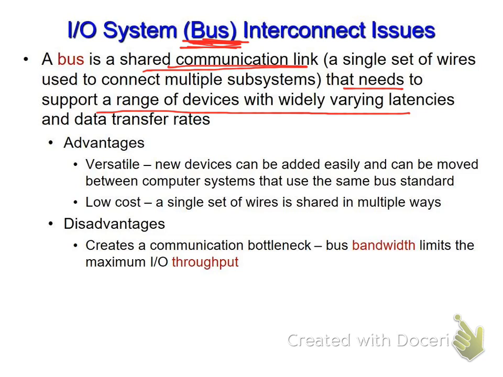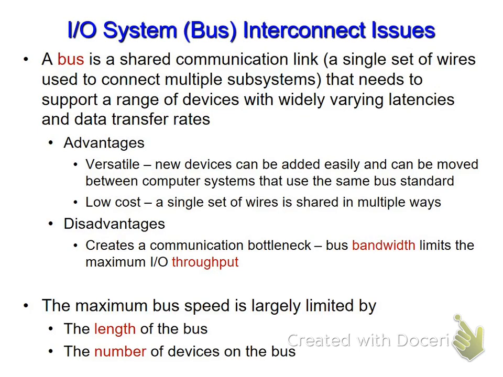Unfortunately, the bus will limit my connections or my bandwidth at the end. So the maximum bus speed will be limited by the length and the number of devices that I can have on the bus.